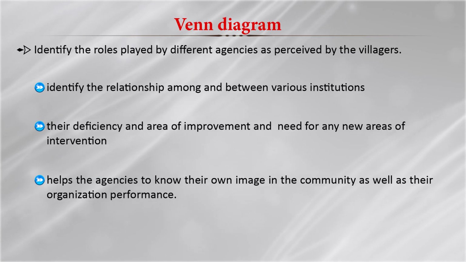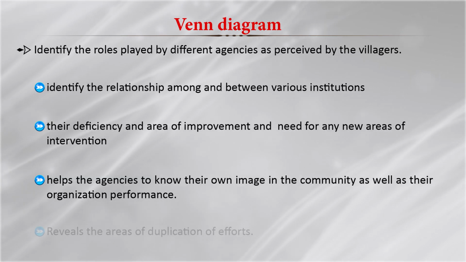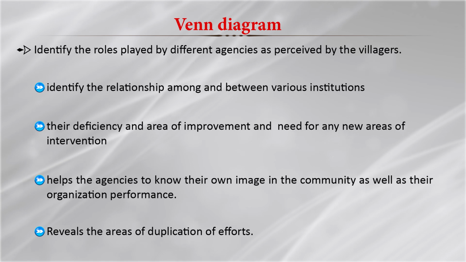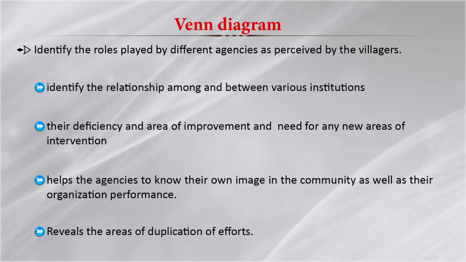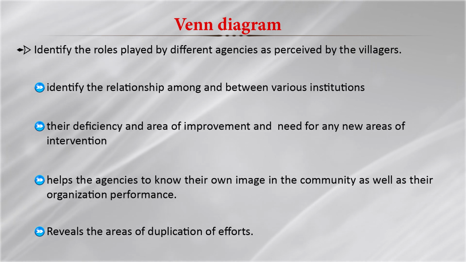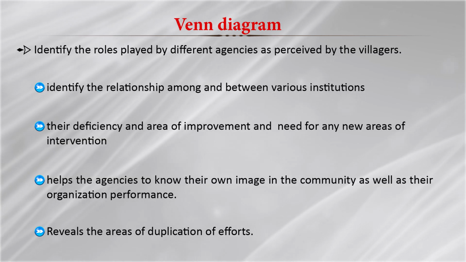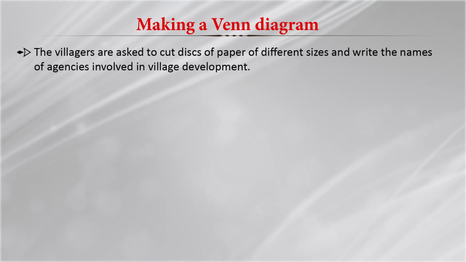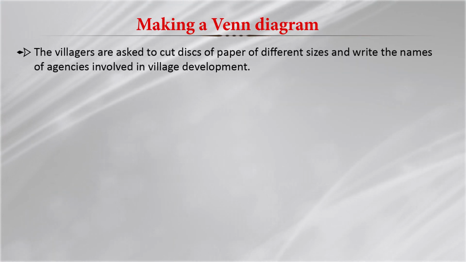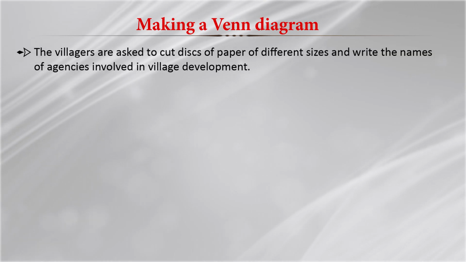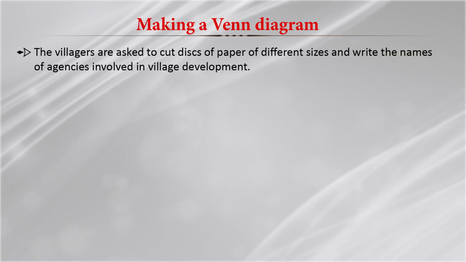So through the Venn diagram, basically we also identify the area of duplication of efforts. Maybe two institutions are doing the same type of work, and this can be reflected while preparing the Venn diagram. For preparing the Venn diagram, the villagers are asked to cut discs of paper of different sizes and write the name of the agency involved in the village development.